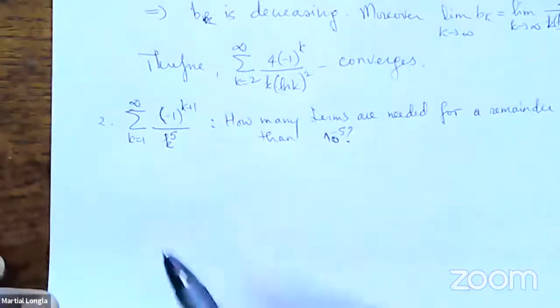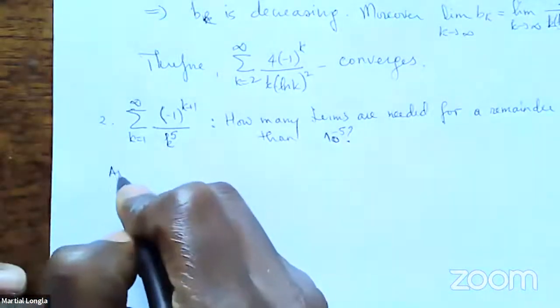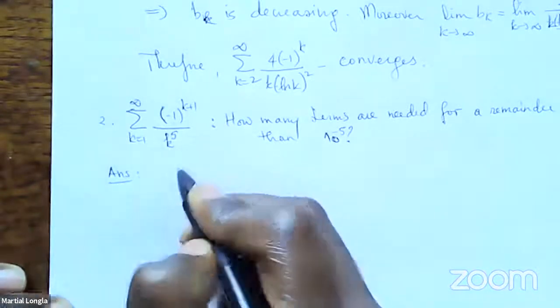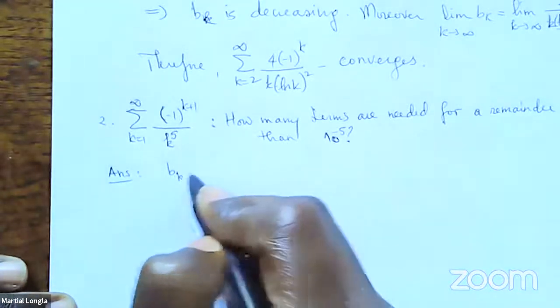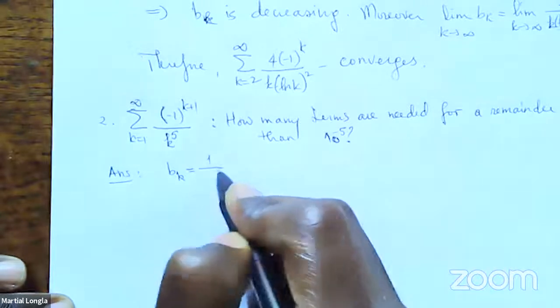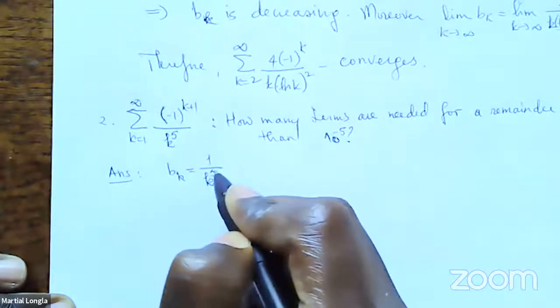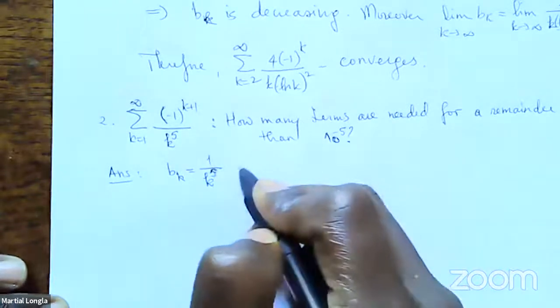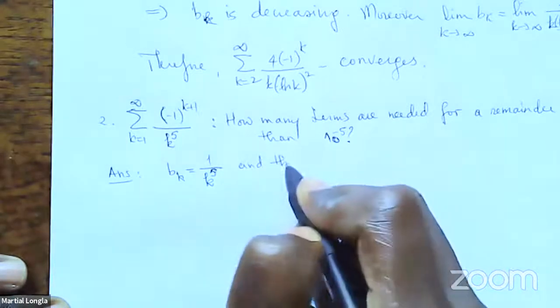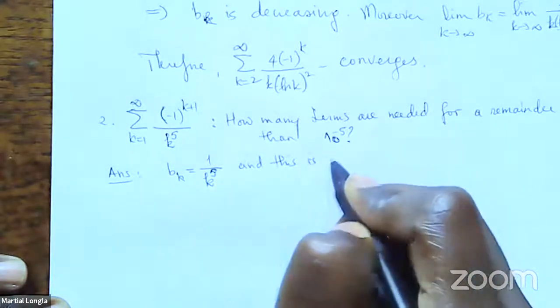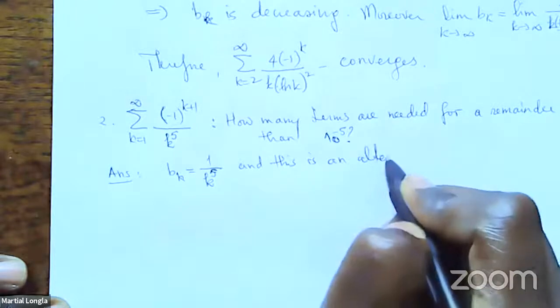So in this case, first of all, you need to identify the terms. So b_k here is 1 over k to the power 5. So that's b_k. And this is an alternating series. That's important.